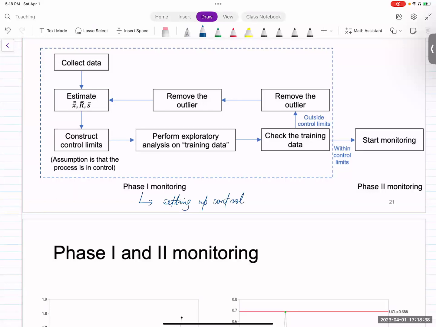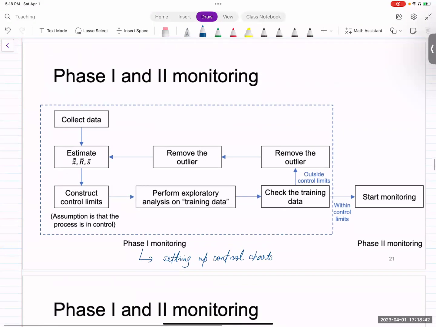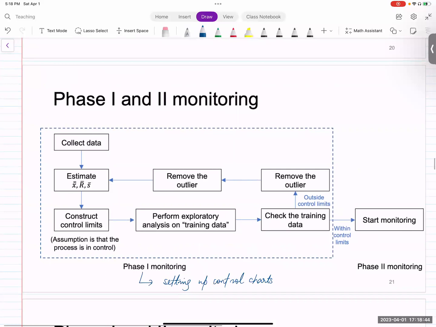Think about setting up the control chart as a process where you truly certify your process. You truly understand what the real variability in the process is and when the process is truly in control. Your whole objective in this case is to make sure the process runs as ideally as possible.